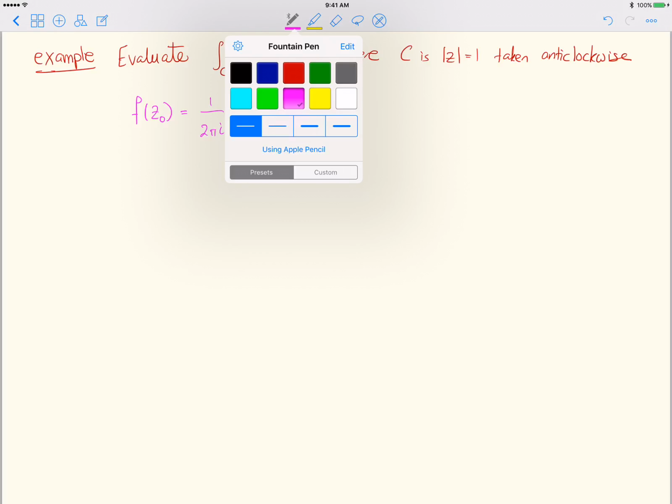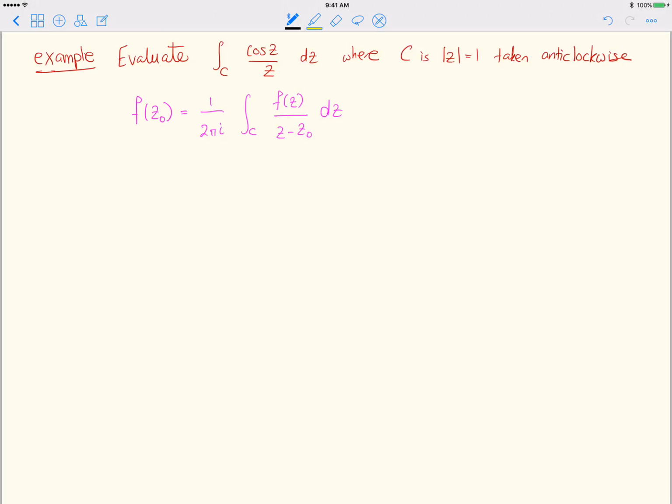But let me draw what's happening first. I have the complex plane, I have the unit circle, so this is 1, and I'm going in the anti-clockwise direction, and I need to use some point which is interior to the unit circle.